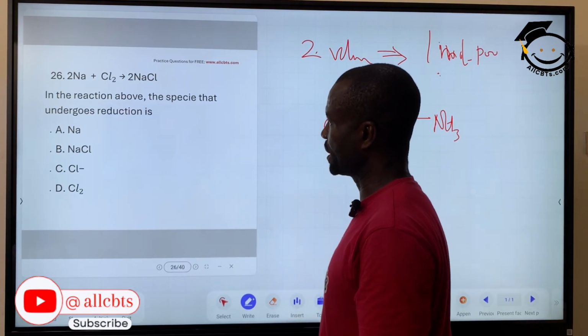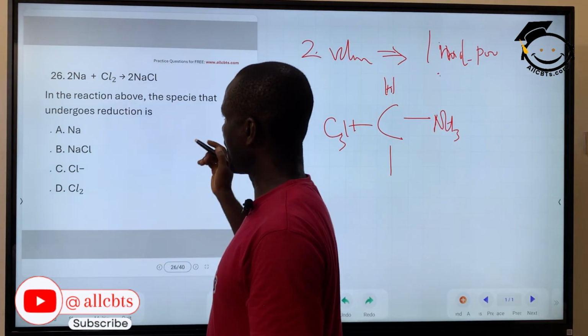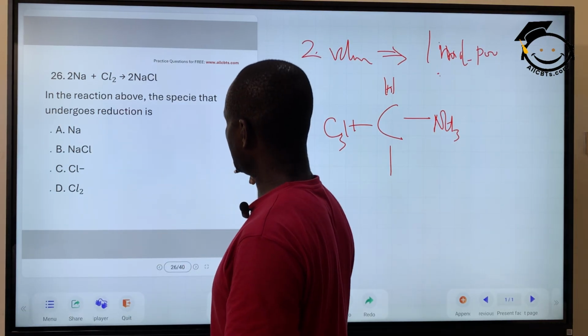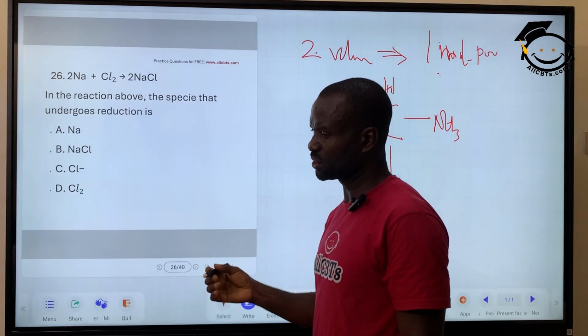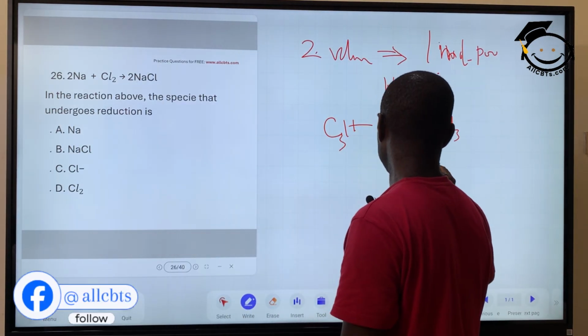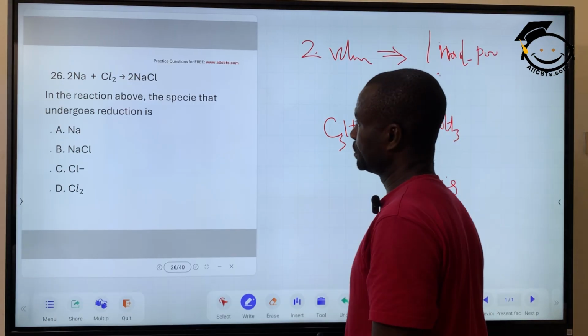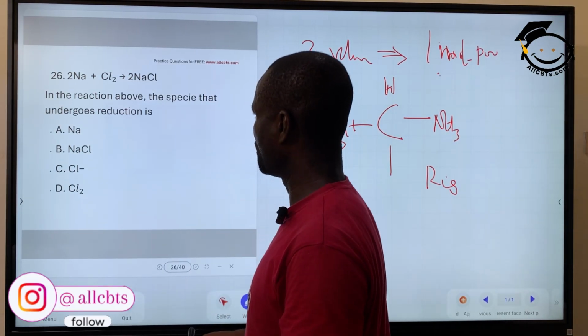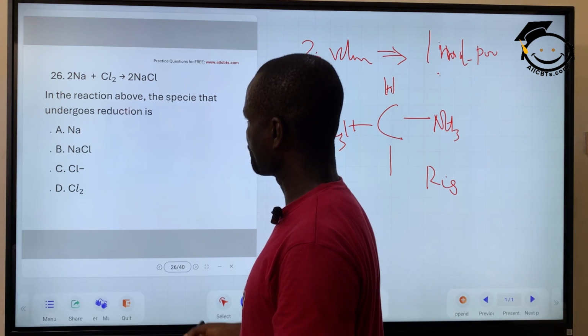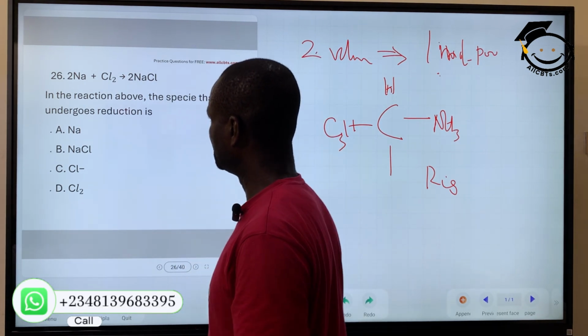Number 26. In the equation above, the species that undergoes reduction is, what is reduction? Reduction simply means gain of electron. So which of these elements undergo reduction? A, sodium.